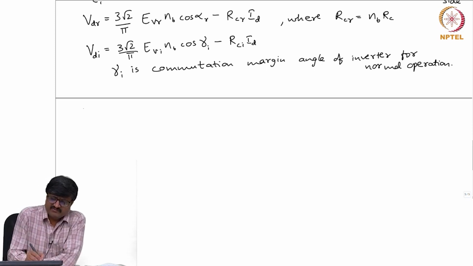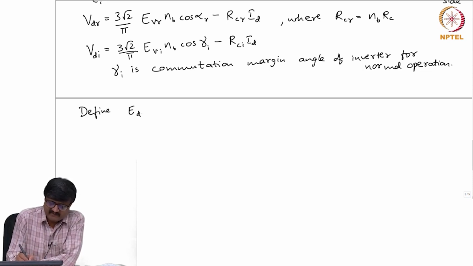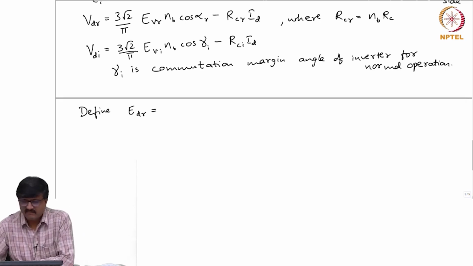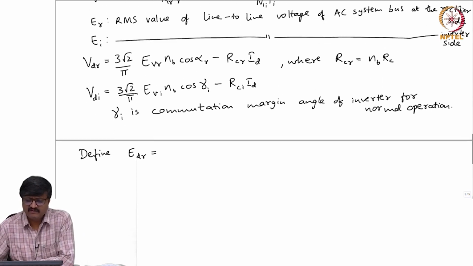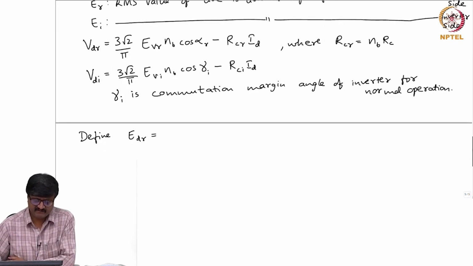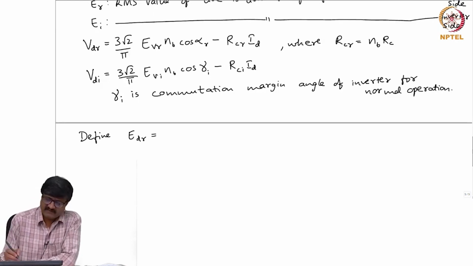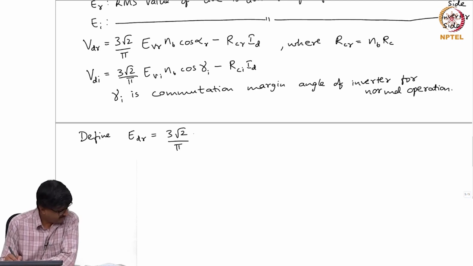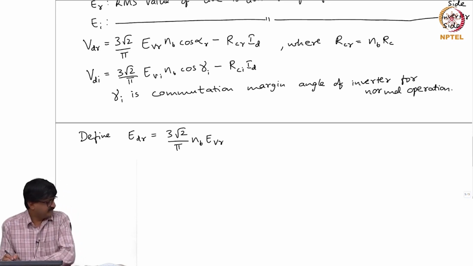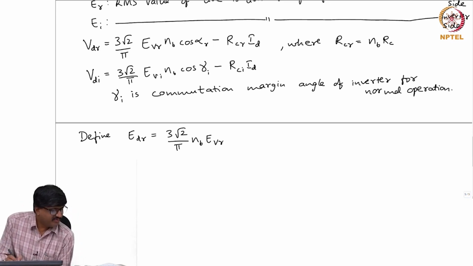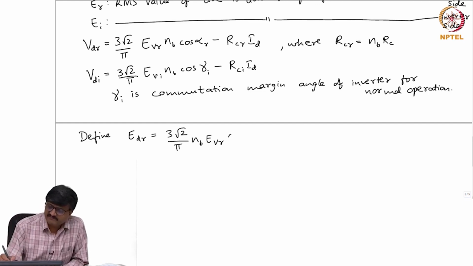Now, I will use a few more notations. I have already defined ER, EVR. Now, I define EDR as 3 root 2 by pi NB EVR into cos alpha r.